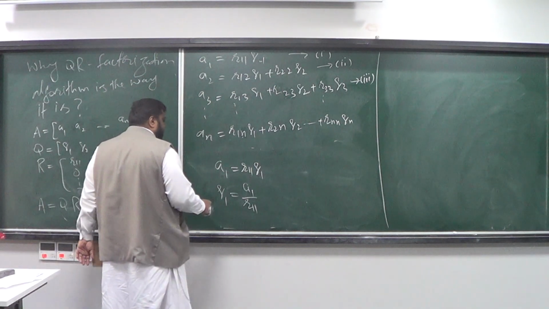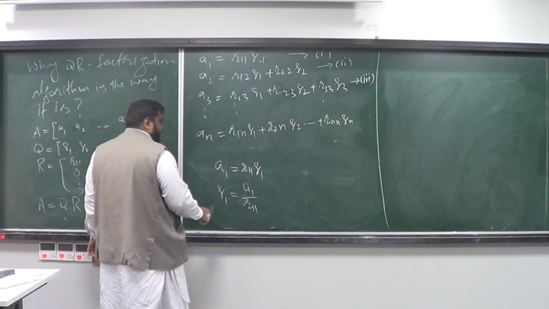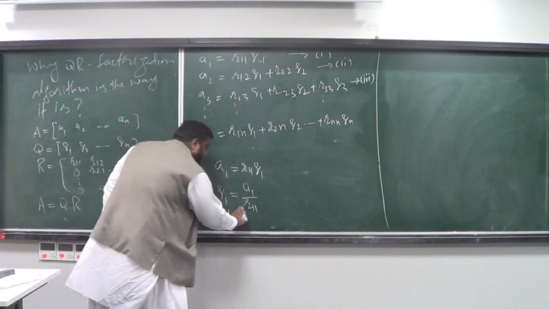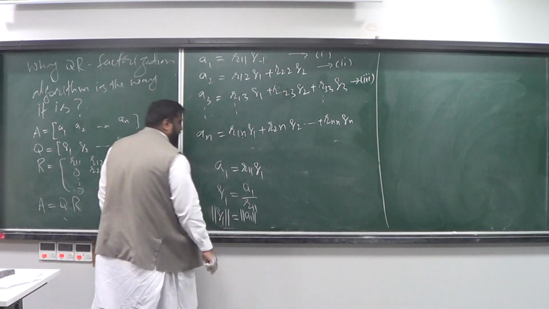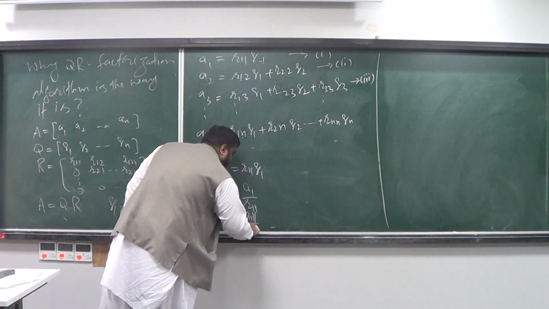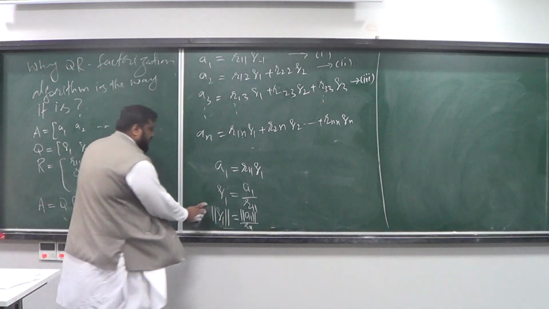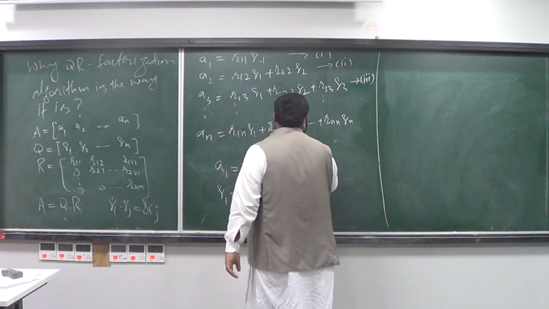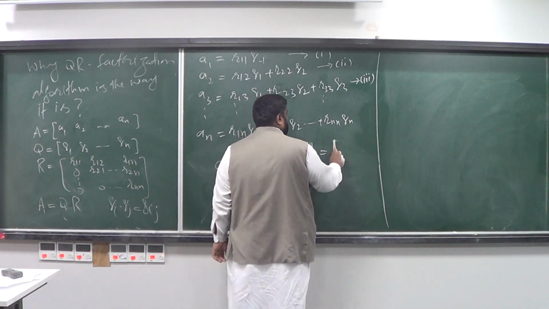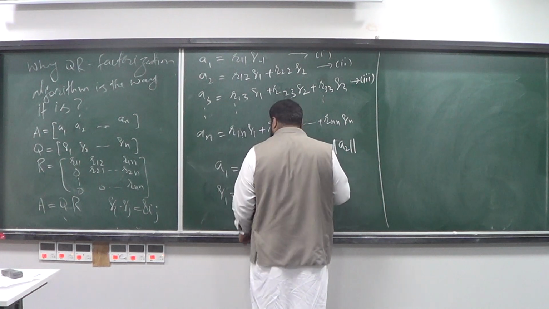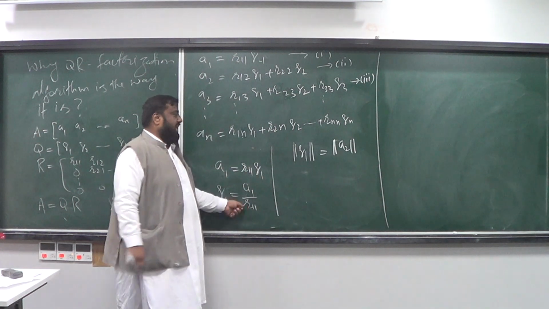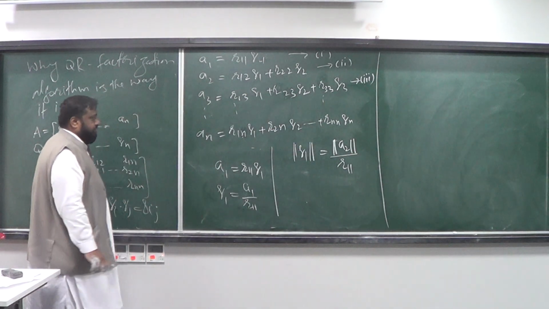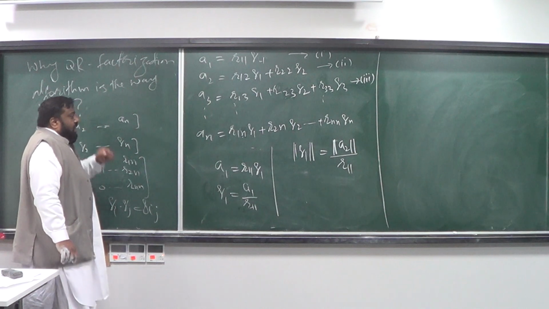So if in this equation I take the magnitude of Q1 on both sides, this is going to be equal to the magnitude of A1 divided by R11, because R11 is a number.